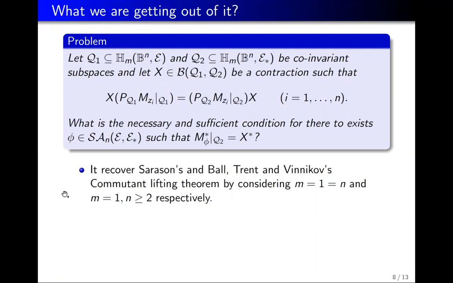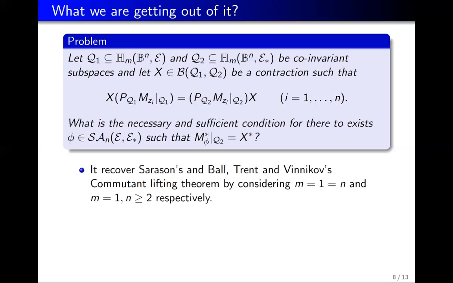So you will recover the theorem of Ball-Trent-Vinnikov. In fact, it turns out that we not only recover their theorem, we also find a new, I should say much nicer, much cleaner and simpler proof of this classical commuting lifting theorem, along with an explicit description of the lifting.